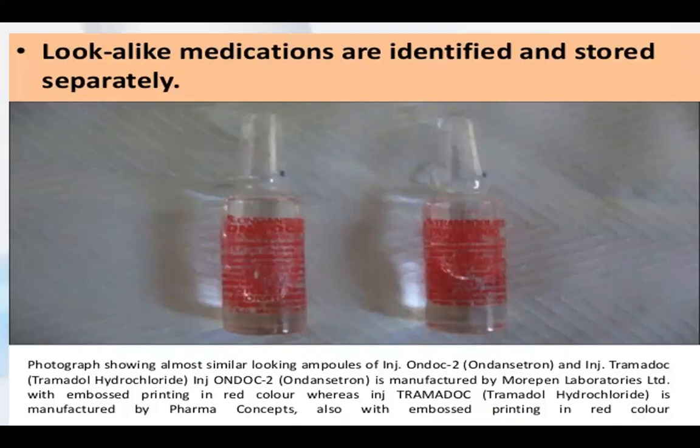So both are the same. There can be confusion that instead of tramadol, which someone has prescribed, you give ondansetron. Ondansetron has a different indication and tramadol has a different indication. Tramadol is an analgesic, a synthetic narcotic, and ondansetron is an antiemetic, mostly prescribed in cancer patients.